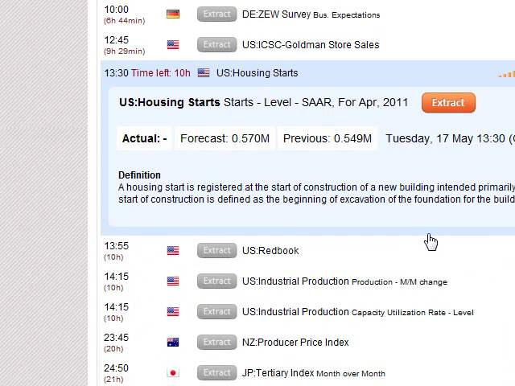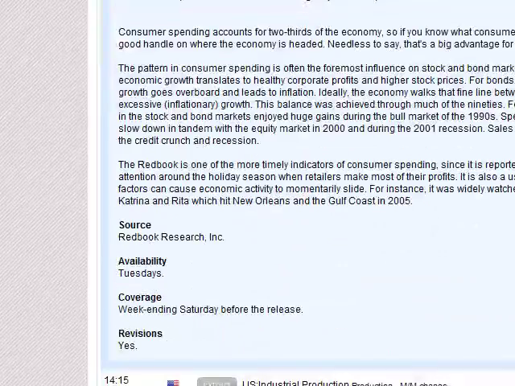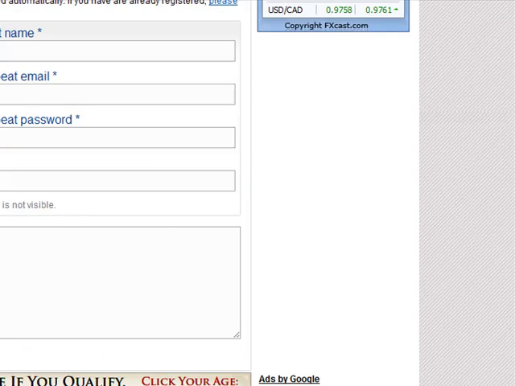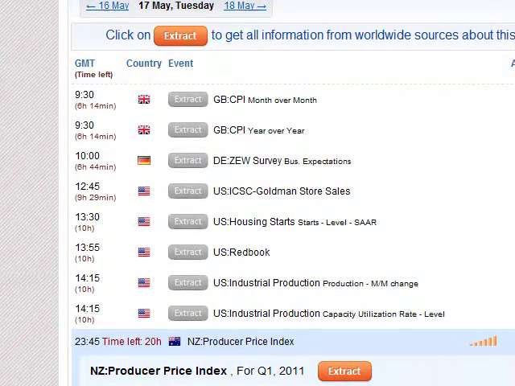Are we building homes? How many new homes are being built? Red Book has a little bit to do with the inflation data and also affects the interest rate for the dollar. Down at the bottom, again, more inflation data for the New Zealand. So we do have some releases that will impact. Most of it is inflation data for various currency pairs.